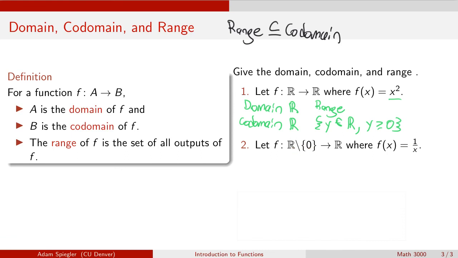Now this is a well-defined function, and we see that the domain, right, that's going to be the real numbers minus 0. The codomain is the set of all real numbers. And then the range would be the set of numbers that are mapped to by this function 1 over x.